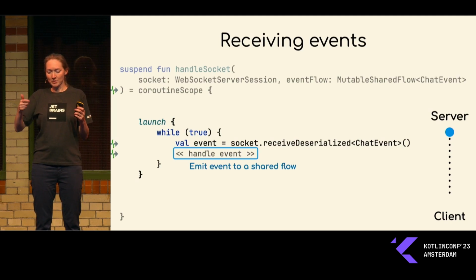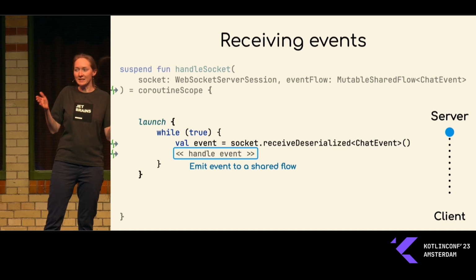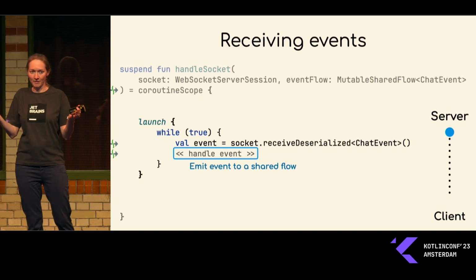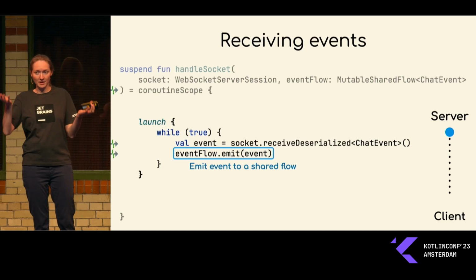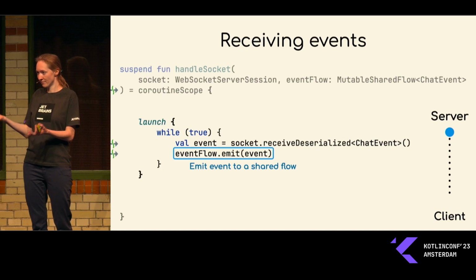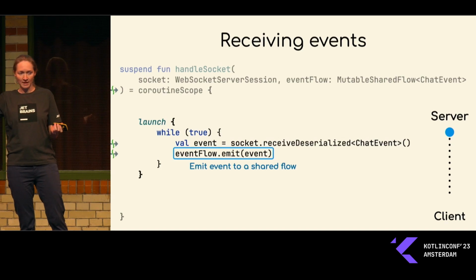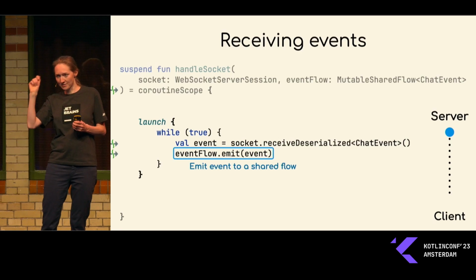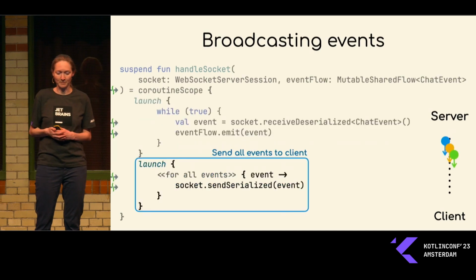And because we use mutable shared flow, we simply need to emit this incoming event to this shared flow. So we simply say event flow emit event. And that's it. So we notify our mutable shared flow that, hey, someone has written something or someone is typing. So we implemented the first part.